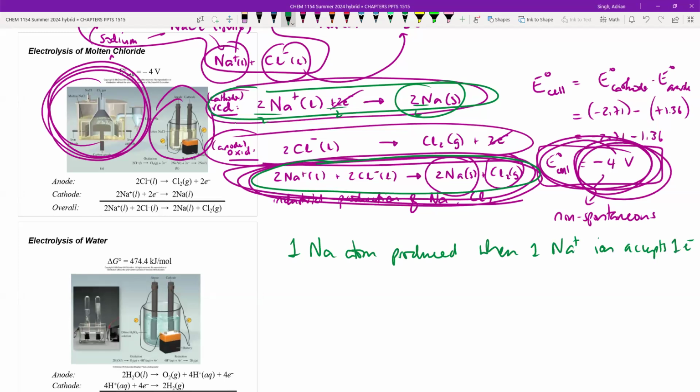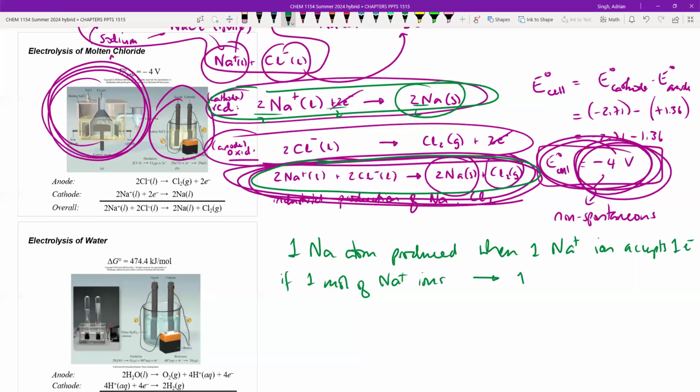Now, in order to reduce 1 mole of sodium ion, which again, your stoichiometry tells you not just the atoms to ions, but mole to mole ratio. So if we're looking at the reduction of 1 mole of sodium ions, you must supply how many electrons?